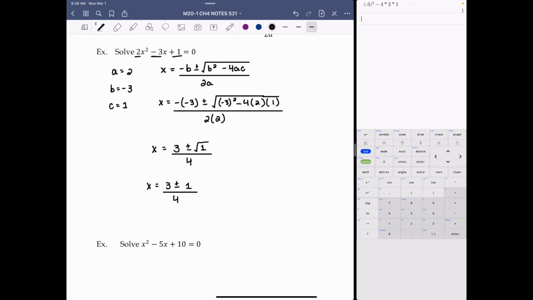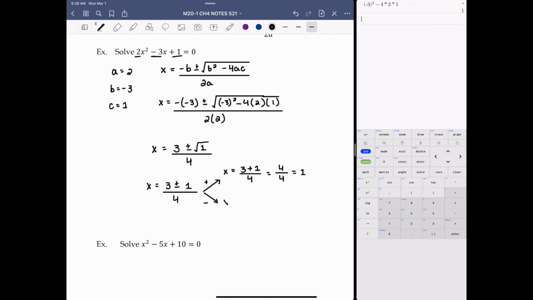And then I can calculate the two cases I have if we are adding and if we are subtracting. So if we're adding, we get x equals 3 plus 1 divided by 4, which equals 4 divided by 4, and 4 divided by 4 is 1.